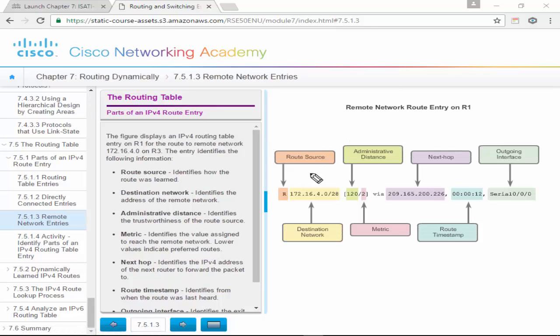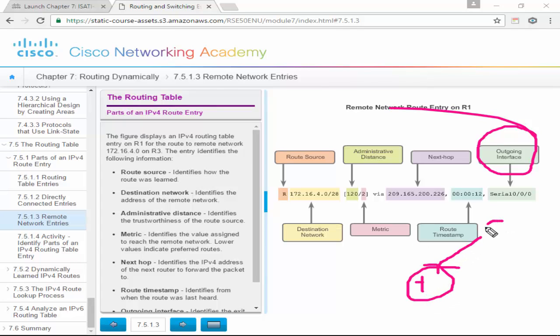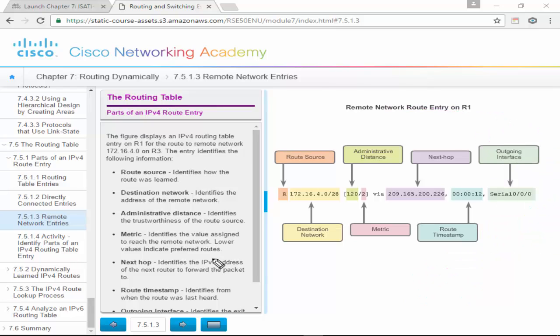Now here's our remote route source, where we're going, our administrative distance that we just talked about, our metric, the next hop, and then our outgoing local interface. So if I'm going from this router to this one, I leave here, this is the outgoing interface, this is the next hop, and this is the network I'm looking for, or the destination network.